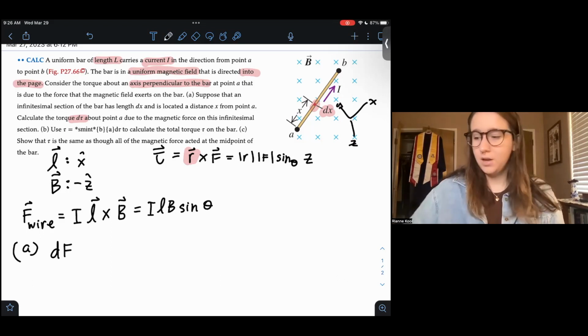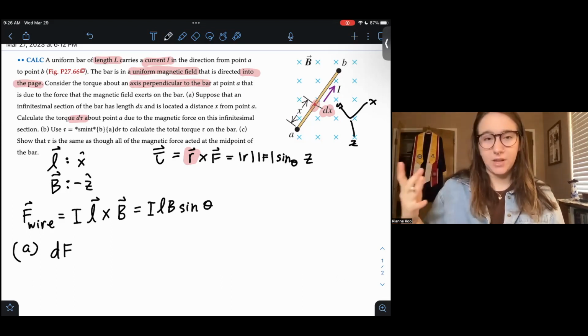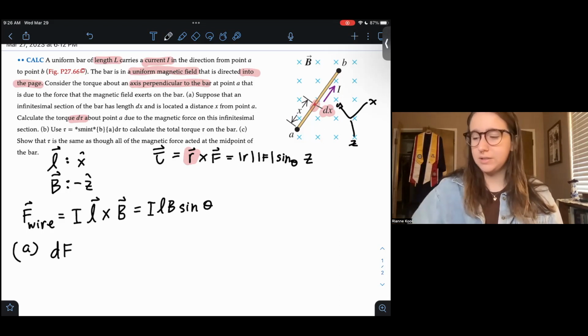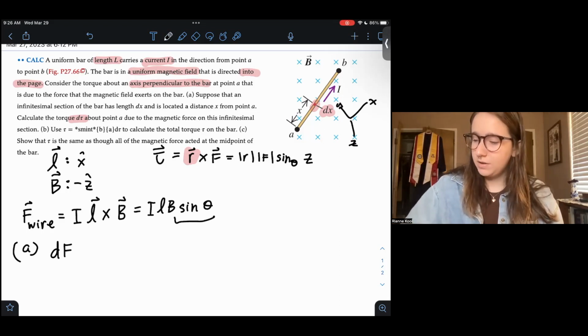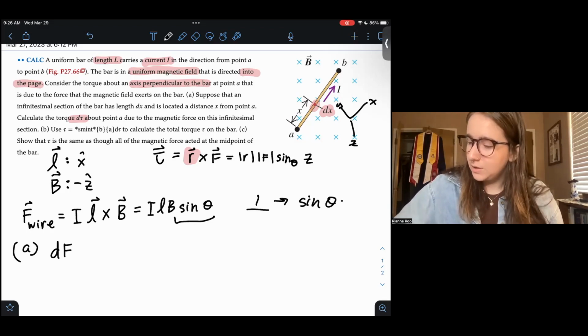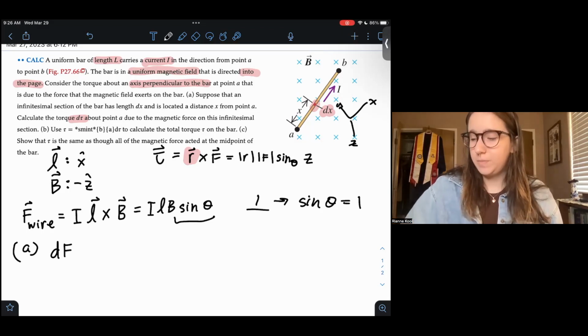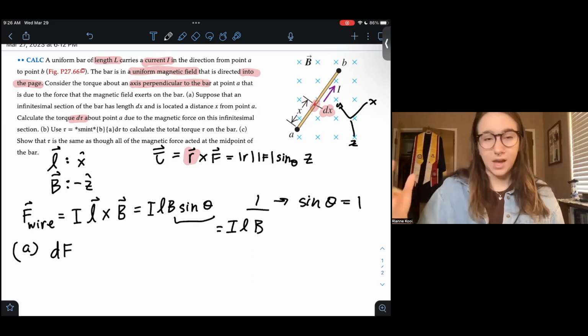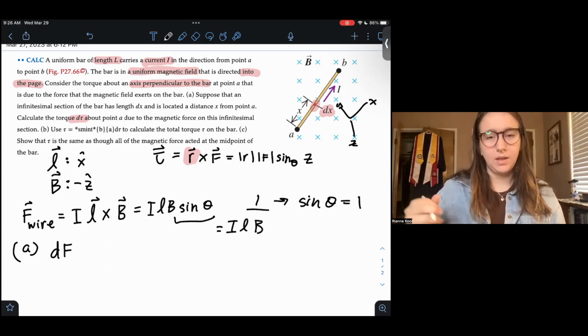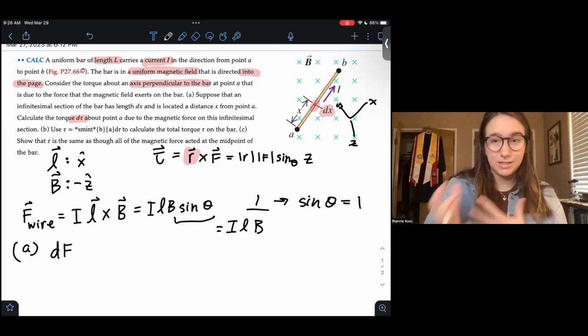If you remember from the video I made on cross products, when things are perpendicular to each other, that means sine of theta is equal to 1. So really, this F on the wire just becomes ILB, since sine of theta is equal to 1, because the sine of 90 is equal to 1.